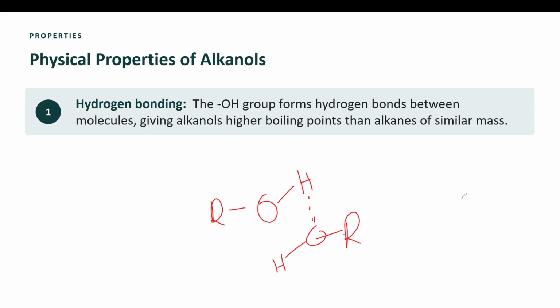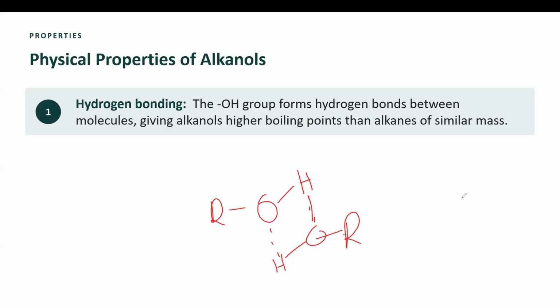Now, remember, hydrogen bonds are represented with broken lines, dotted lines. If you draw a solid line, then you are referring to a covalent bond and not a hydrogen bond.